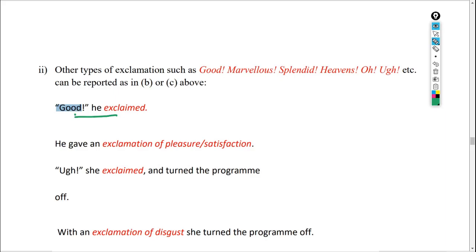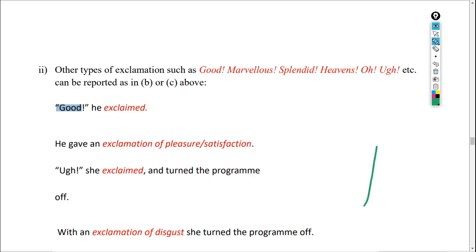He exclaimed with sudden joy that it was pleasing. Or you can write simply: he gave an exclamation of pleasure, joy or satisfaction. In this way, on the basis of the sense, we can change exclamatory sentences into indirect narration.